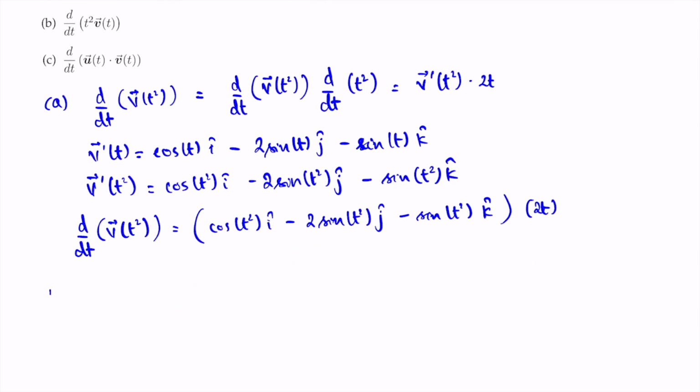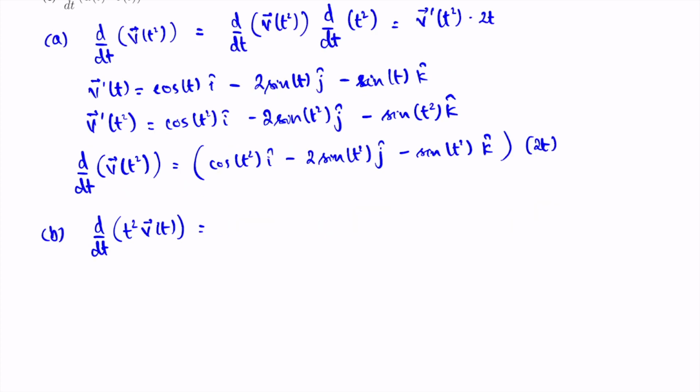Now for part B, I want to find the derivative of t squared times v of t. So this is a product between a real value function and a vector value function, but this is still a product rule. So the derivative of the first function multiplied with the second plus the first function multiplied with the derivative of the second. So I get d dt of t squared times v of t plus t squared times the derivative of v of t.